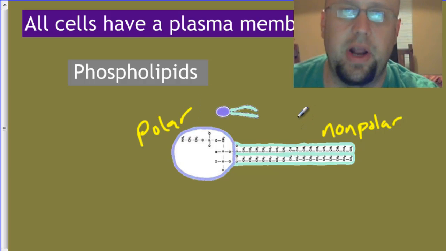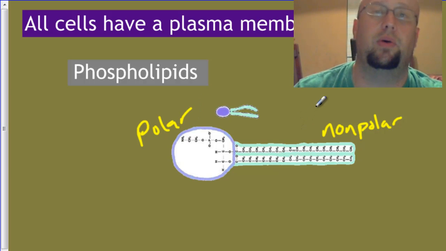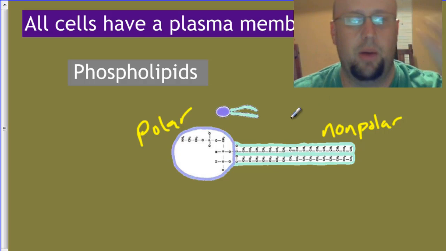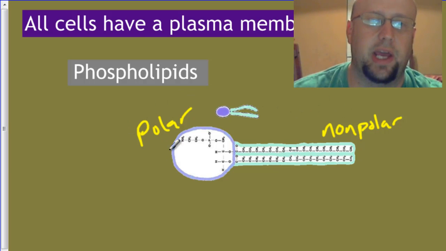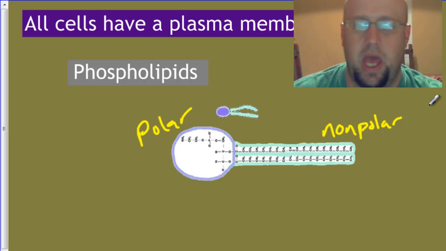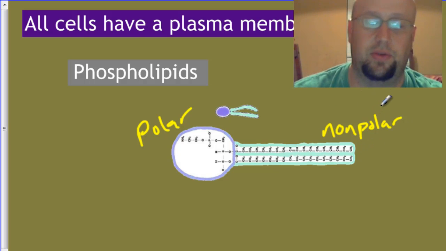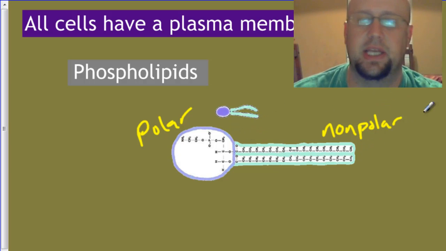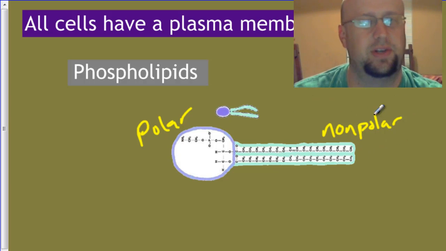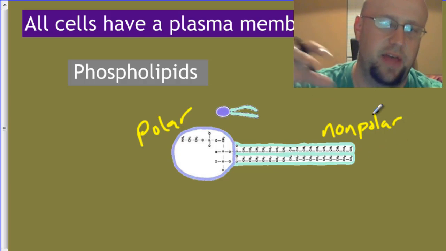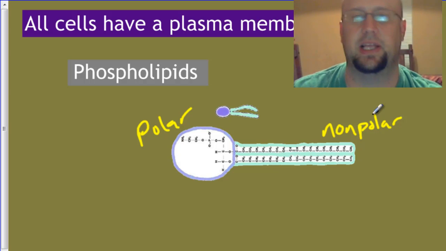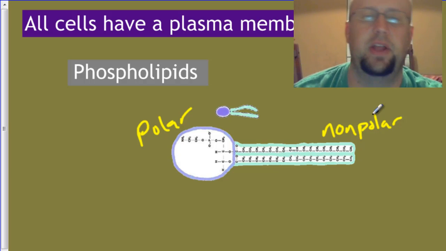If you remember anything from chemistry or from what we've talked about this year in biology, polar molecules in general like water, and nonpolar molecules in general don't like water. That's easy to think about because with nonpolar, think of oils and fats, like grease. They're not going to dissolve in water very well. In fact, they tend to bead up and float at the top of it.